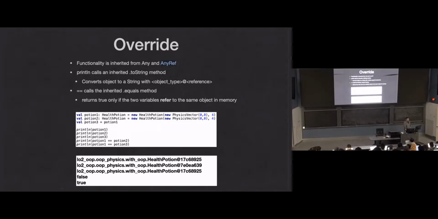The default toString for AnyRef, which includes everything we write, including HealthPotion, is going to return the string, object type, the @ symbol, and then a reference. When I ran this code to generate this slide, this is what I got from printing out a couple of health potions.